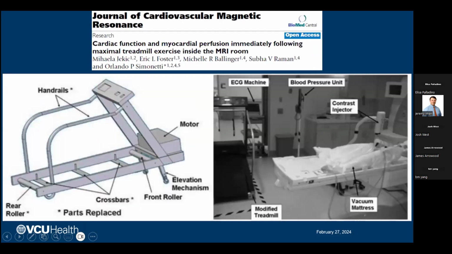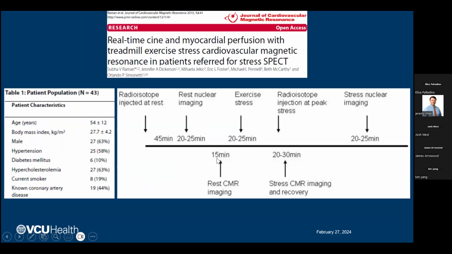The Ohio State group, again, they're the ones that position the treadmill inside the scanner room. They performed, I think, a very clever study where they were able to simultaneously do an exercise CMR study and a SPECT myocardial perfusion imaging study, all with one exercise run.